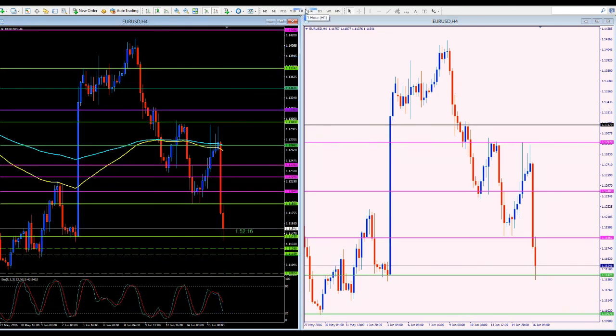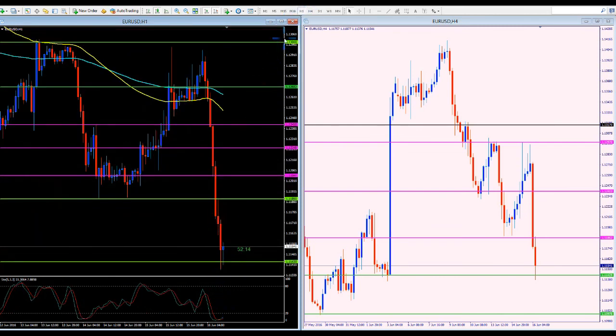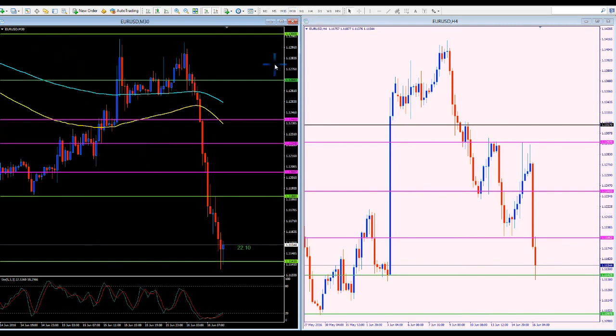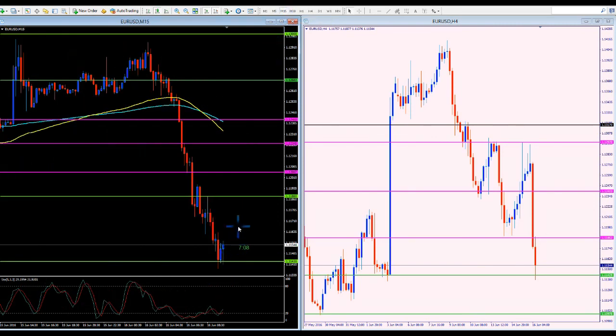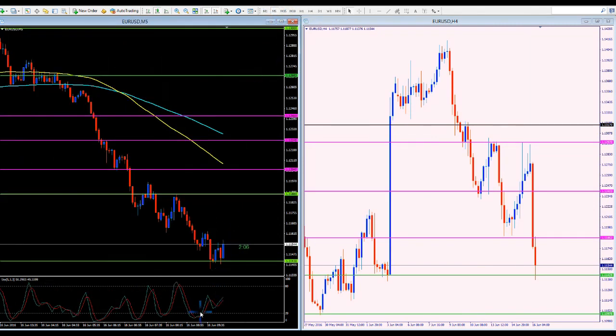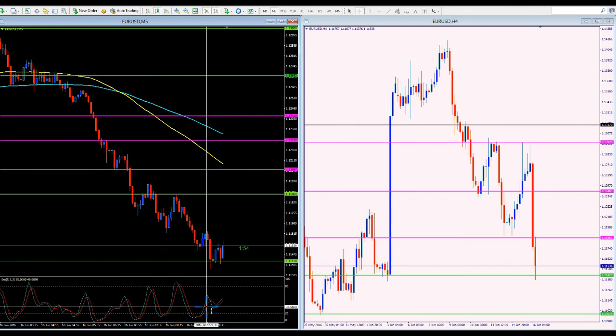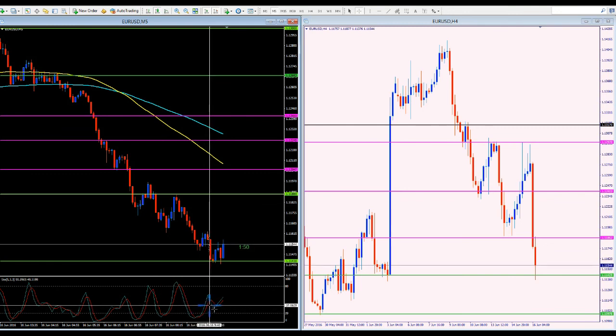Pretty much on the 4 hour, on the hourly was totally oversold. 30-minute oversold, 15-minute oversold, 5-minute, because we had this small retracement here. It was moving up already, but then we had this huge drop, and it wasn't that high up, so the stochastic was just coming from oversold up here.